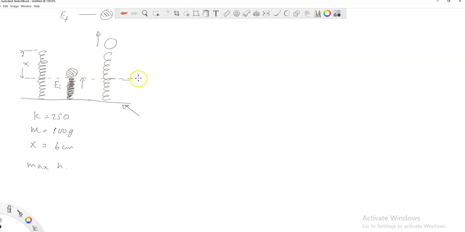If you take as zero potential energy level where the spring stops when you compress it, then the ball won't have any potential. All the potential is due to this height, from here to here. So there are different ways of setting this problem up. Give it a try and see whether you can figure out the max height when you shoot it straight up. Alright, that's an exercise for you guys.